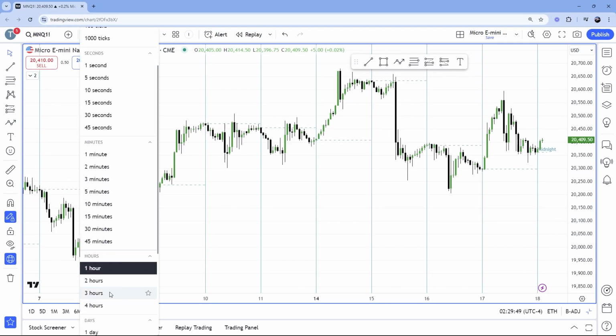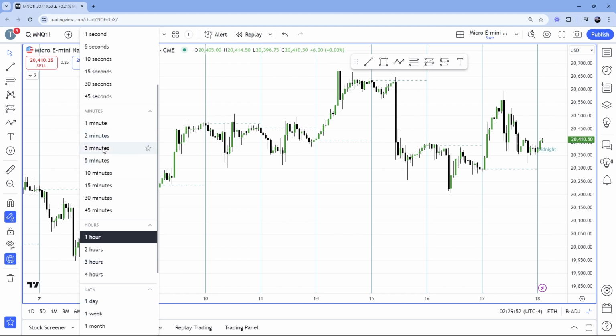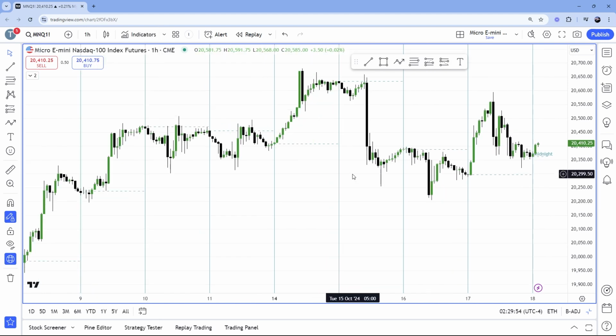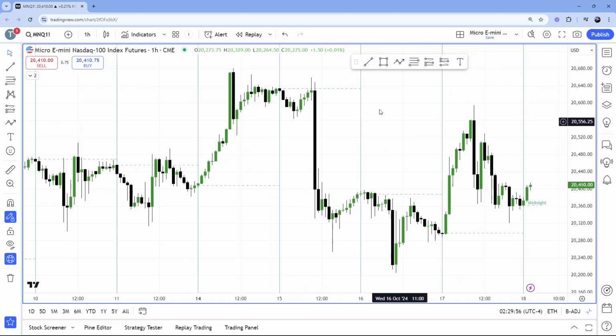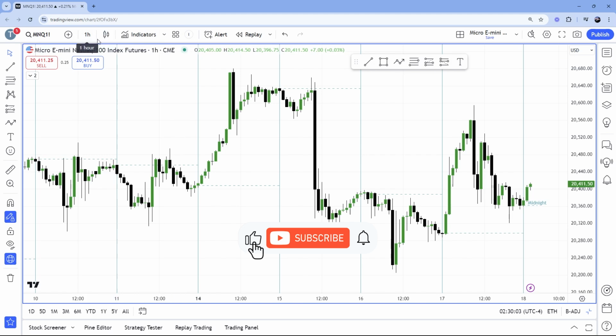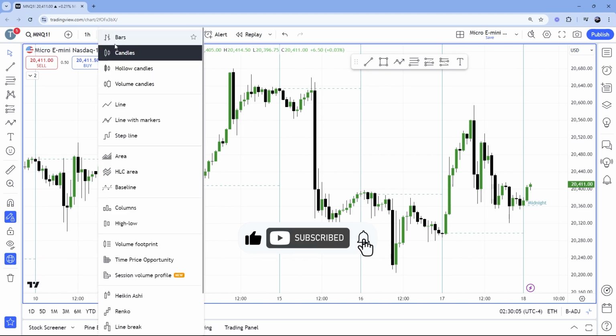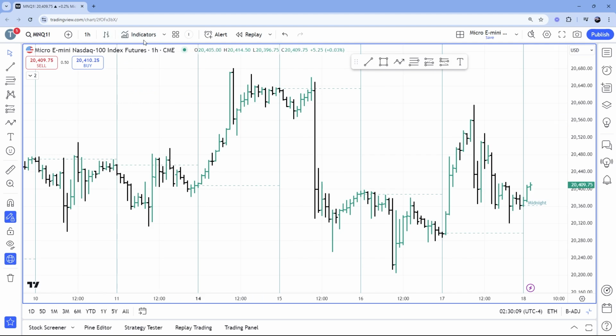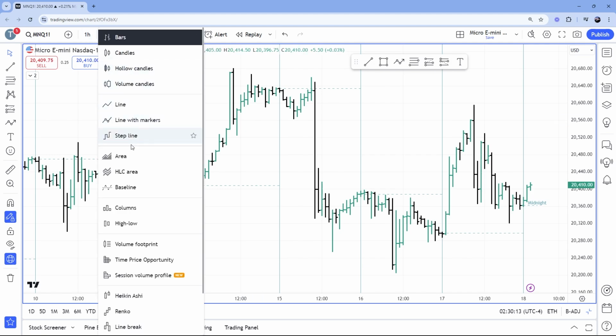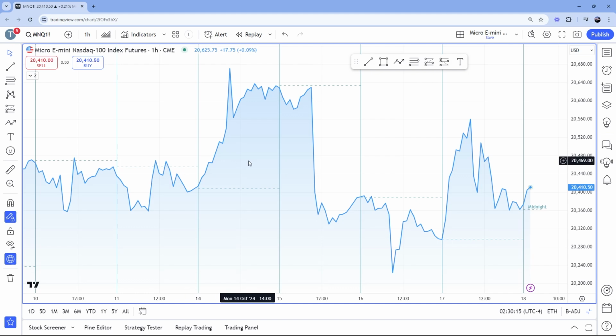Okay. Likewise, you can change the time intervals and have a look at the price from here. Like you can go into 15 minutes, 1 minute, 2 minutes, likewise. Okay. And the next thing is, these are candlestick charts. So you can click over here at the top and change this from, let's say, candlestick chart into bar charts, for example. Or from candlestick charts, you can change it to an area chart.